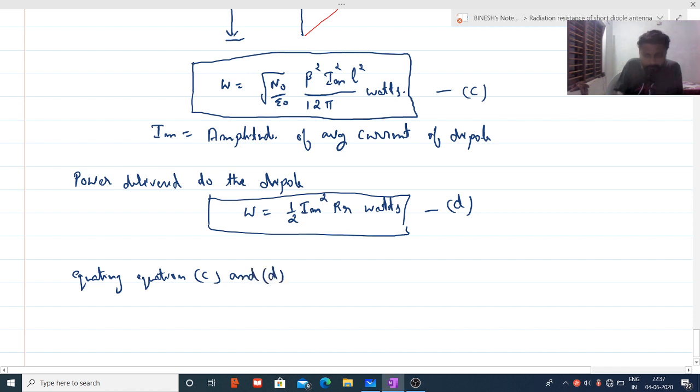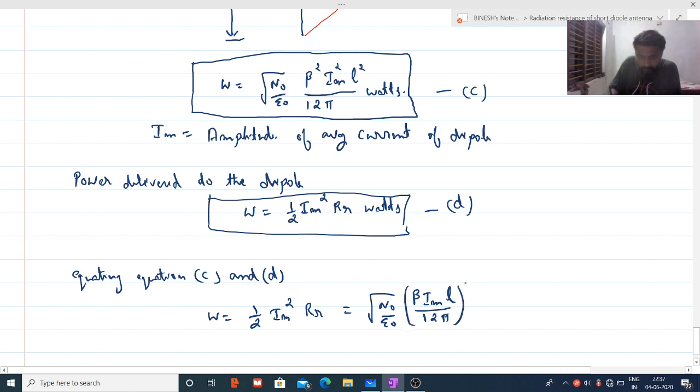what will we get? W is nothing but 1 by 2 Im square RR, which is nothing but root of mu naught by epsilon naught, beta Im L, the whole square, divided by 12 pi.